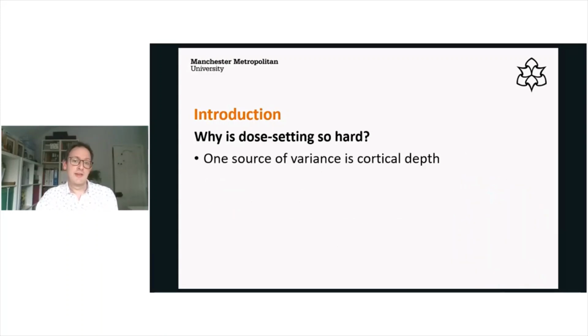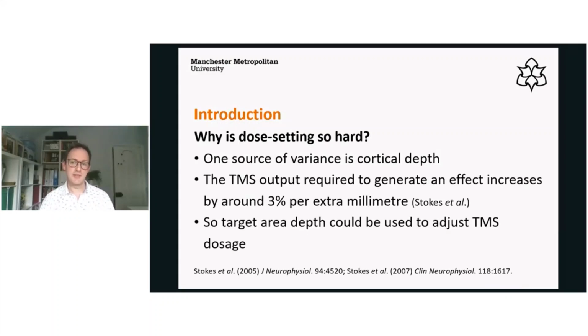One thing that adds variance to our models is cortical depth. So why does that matter? Well, we know that at least for TMS experiments, the amount of extra output you need from the stimulator to have the same effect, given a difference in cortical depth, is about 3% per millimeter.